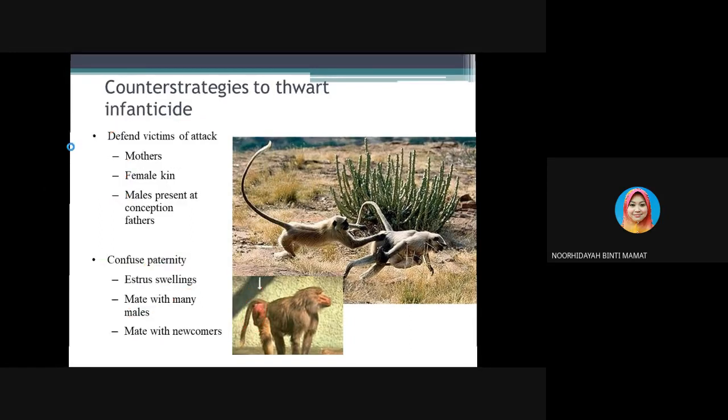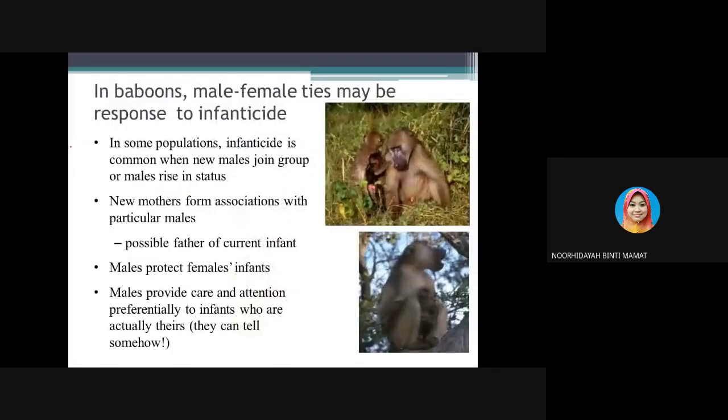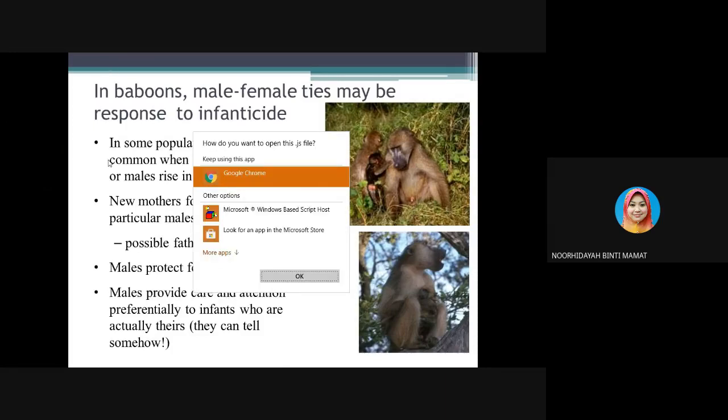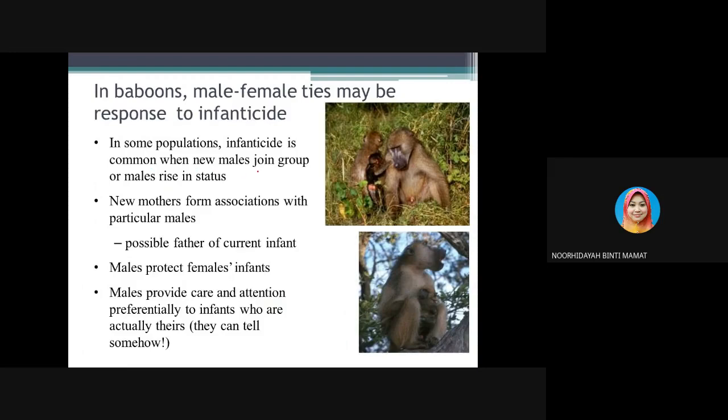So in baboons, male-female ties may respond to infanticide. In some populations, infanticide is common when a male joins a group or when males rise in status. For example, just now we talked about the most common infanticide in groups of howler and blue monkeys.